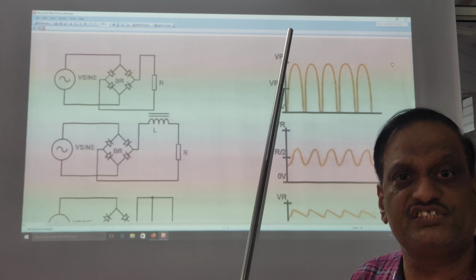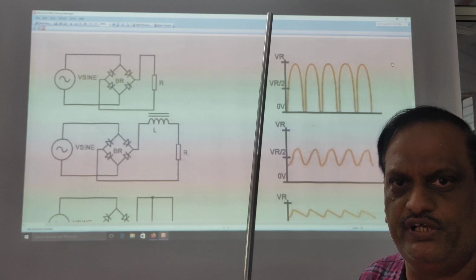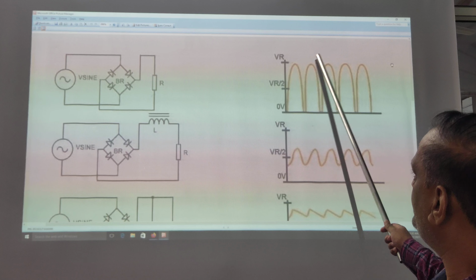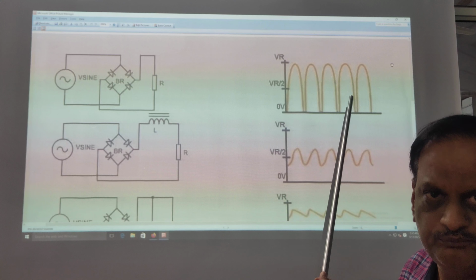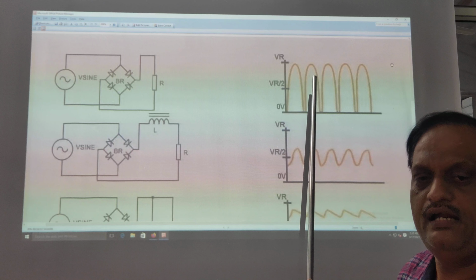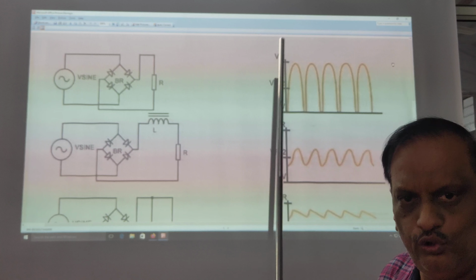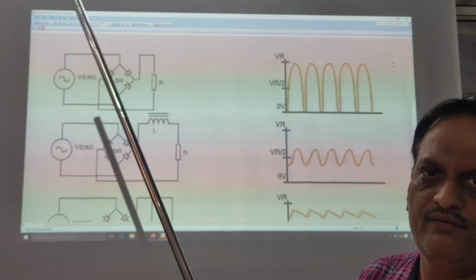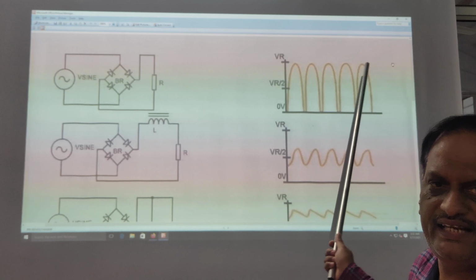So the nature is discontinuous, that's why it is called the DC voltage. But along with that DC, the AC components are present in the circuit. These AC components are making trouble in the load resistance. So our aim is to get pure DC voltage from this pulsating DC voltage.